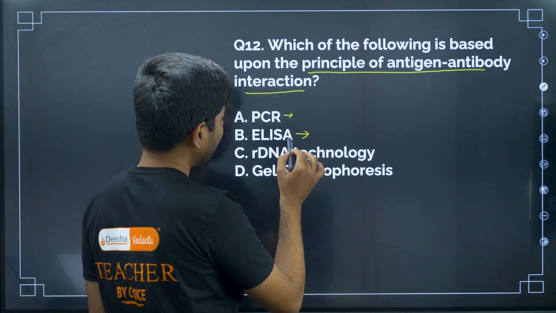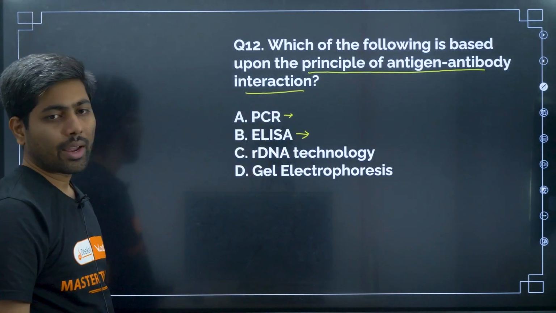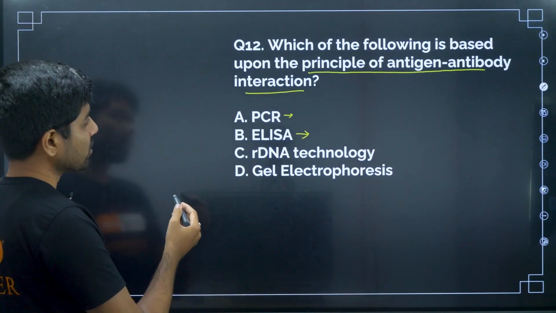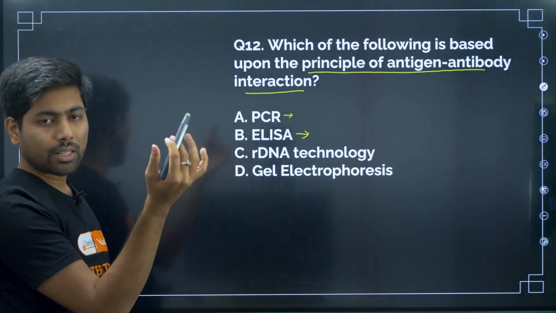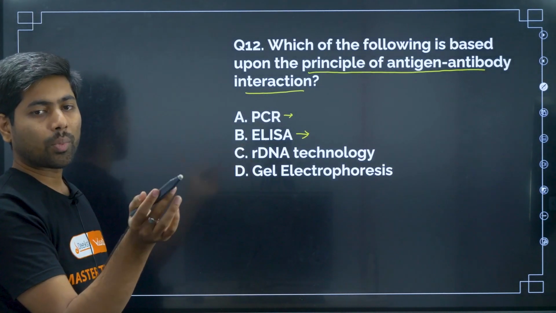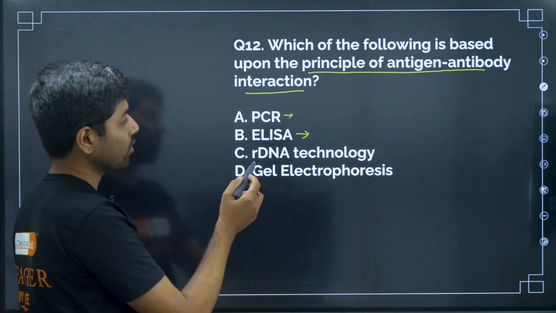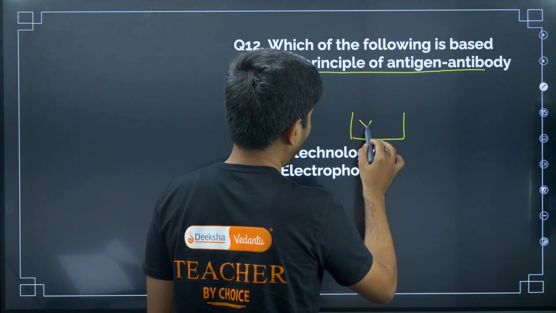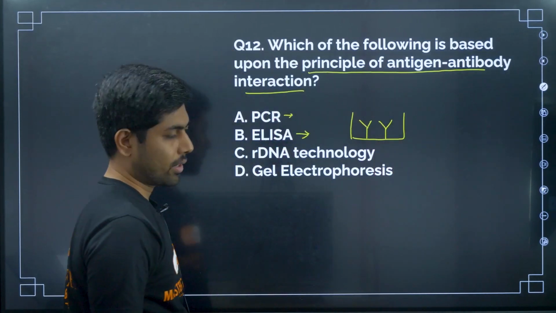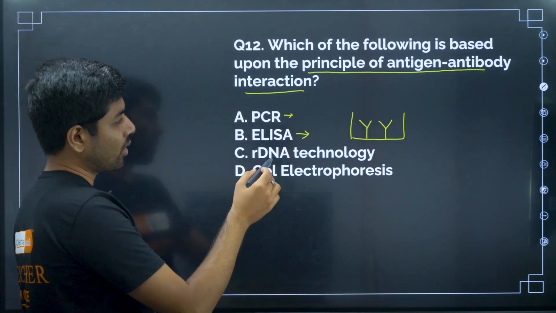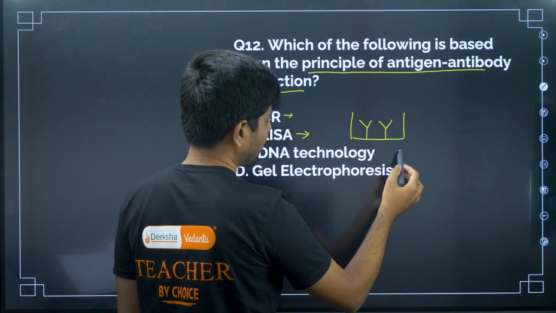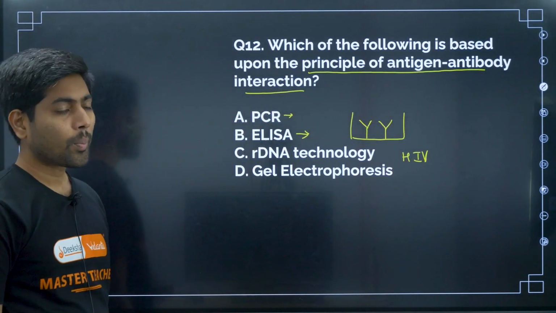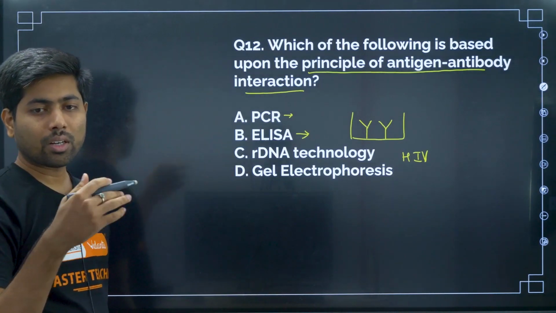ELISA, enzyme-linked immunosorbent assay. Now what does this do? We already know that if there is a disease, particular antibodies are produced for a particular antigen. Therefore in ELISA, they'll take a beaker and put the antibodies specific to that particular antigen. For example, let us say this is antigen for HIV, antibody for HIV. Now what happens if the person is infected with HIV?